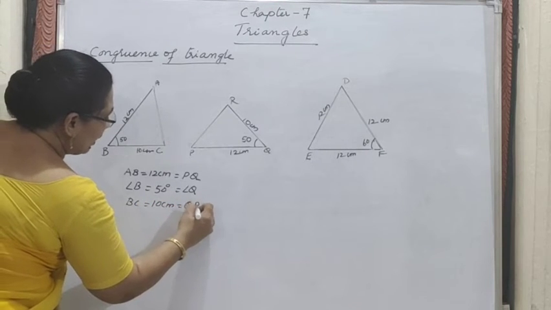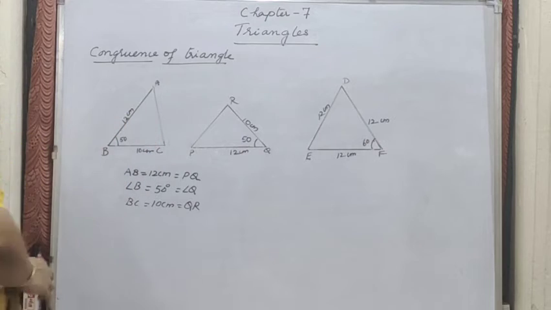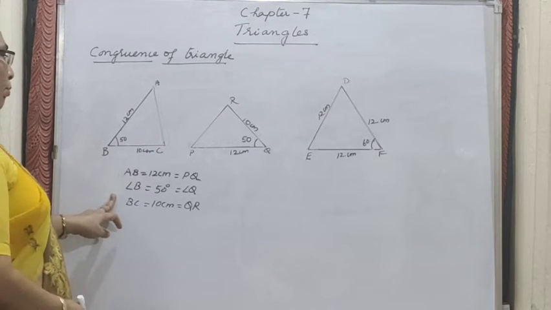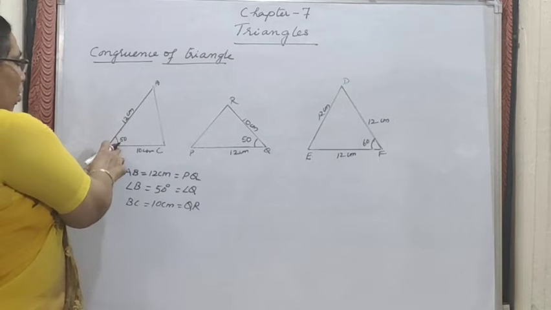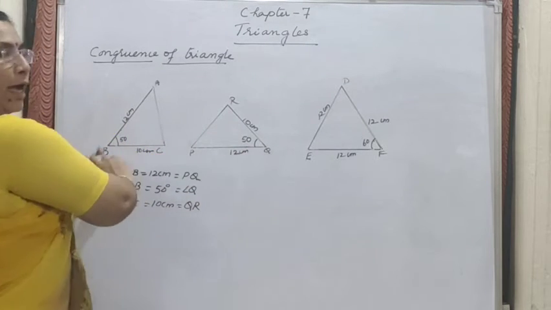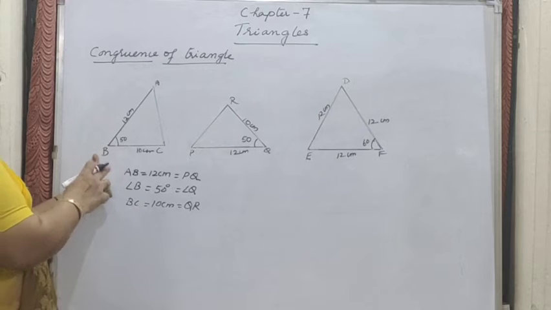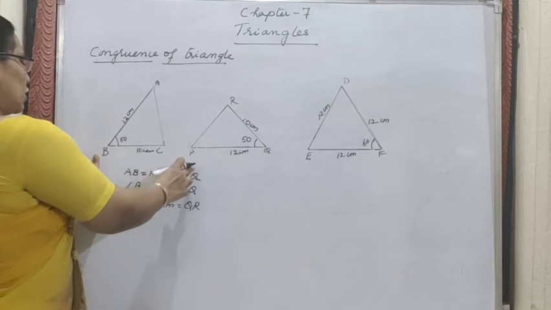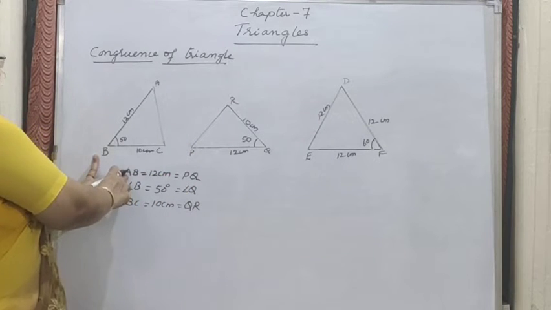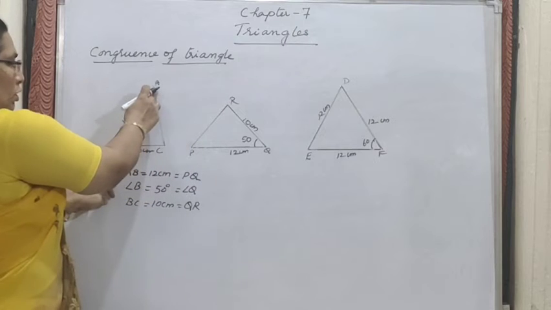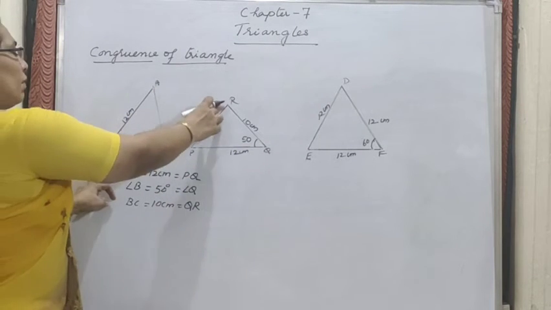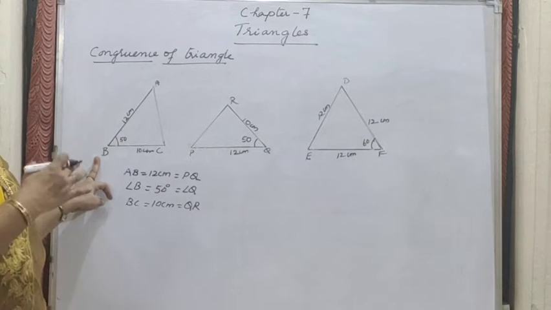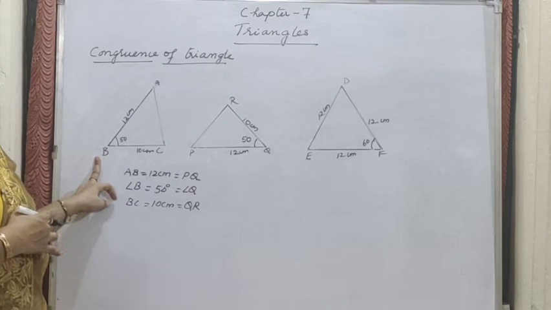So if you are taking this triangle on this one, where it should overlap, angle B and angle Q should come. On angle B, which angle should come? Angle Q should come. So in that way P should match with A only, right? So P should come on the place of A and Q should come on the place of B and R will come on the place of C. Then only overlapping is possible, right?